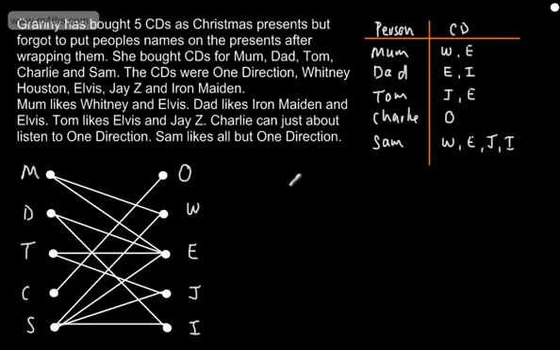So if I wanted to show an initial matching, I could say C with O. So M with W could be another one. So I might want to draw a bipartite graph. I'm just going to go over the top of this now just to show that we might have an initial matching of Mum to Whitney, and we would have Charlie to One Direction.